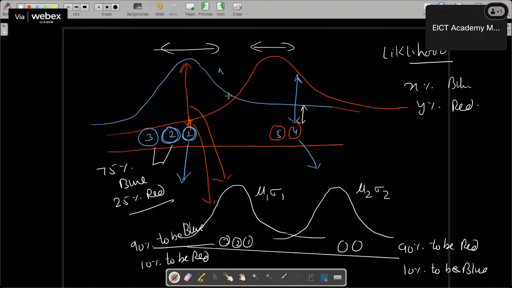Now the question is how did you draw these two curves? I will tell you.